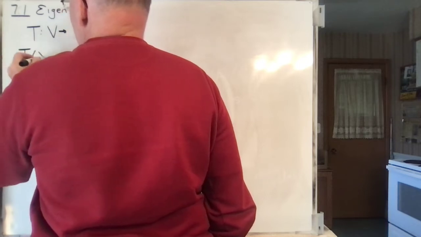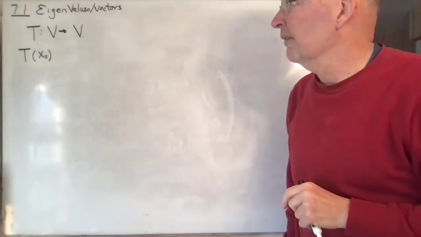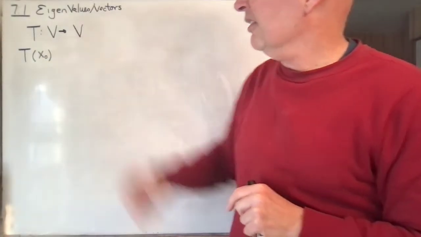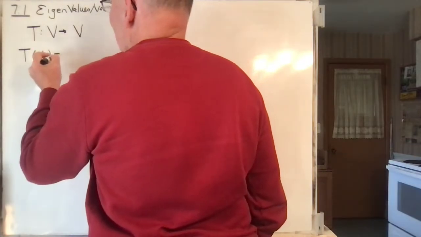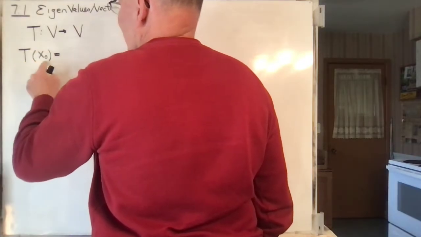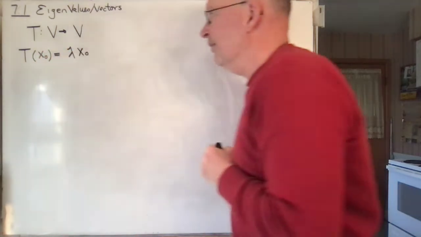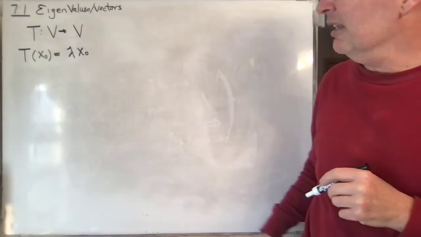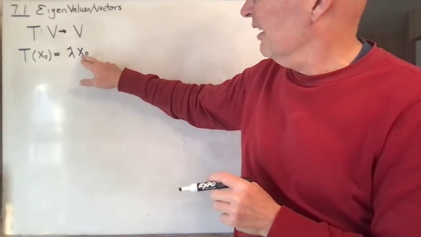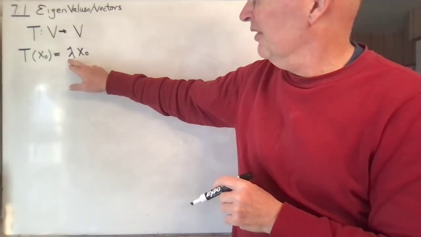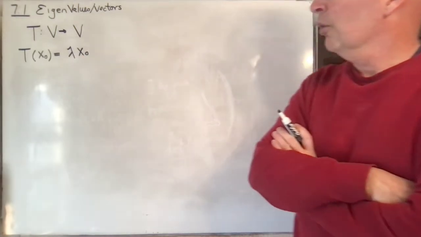If you take a particular vector in your space, I'm going to call it x naught, just to indicate that it's a particular vector, and you take T of it, if it turns out that you just get a constant times that vector, that's the key. You're just getting a constant times that vector. Then this thing is said to be an eigenvector, and this constant is said to be an eigenvalue associated with that vector. Okay, so that's the idea.